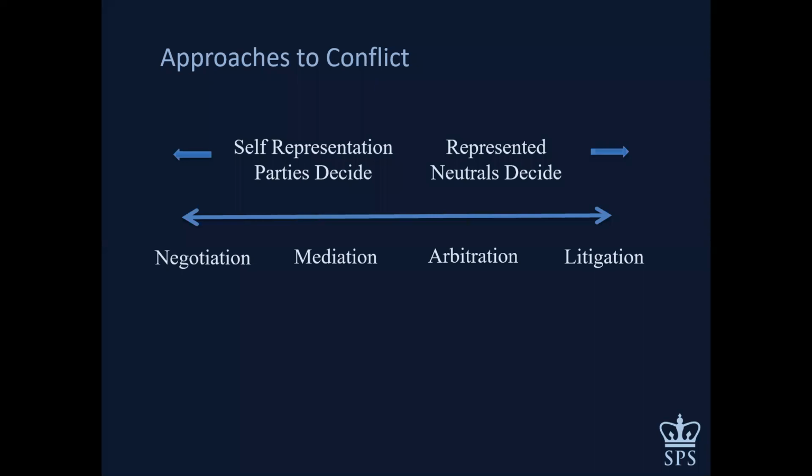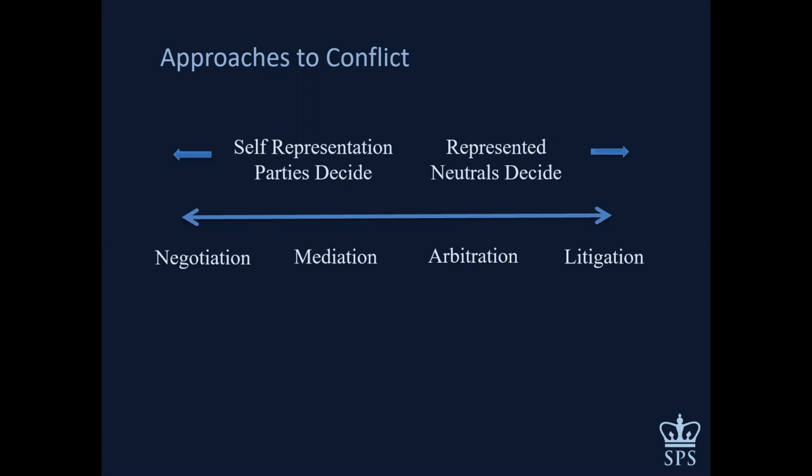If we really think about the fullest extent of collaboration and being able to listen to each other, have empathy, really understand our own needs and the needs of the other party, then the more likely we are to be able to engage in negotiation and potentially mediation, where you start to introduce a third party neutral.